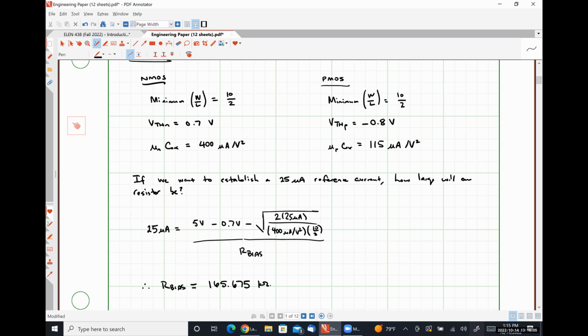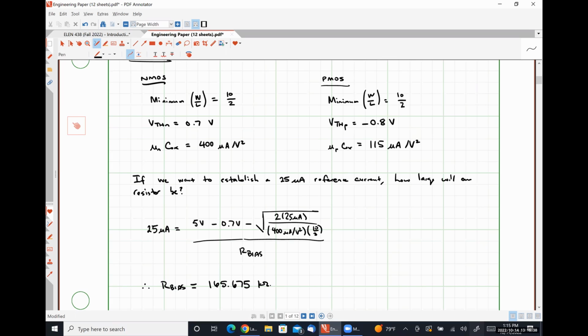Even if we utilize a serpentine resistor pattern, this is going to take up physically a large amount of area. We are also going to see, because it's such a large resistor value, and because to achieve this particular reference current we need exactly this, that as temperature fluctuations occur or any misalignments occur, we are going to see wild swings in the actual reference current we get out of this thing.